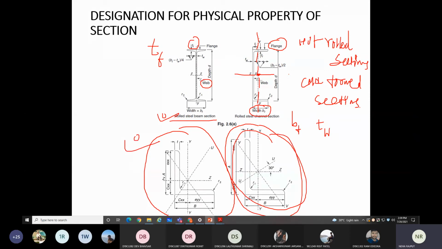The CG values of all these sections you have studied in strength of materials. That we will also use in the design part, such as the moment of inertia Ixx and Iyy of any steel section. This you also need to find out. And you have studied radius of gyration, right? That all we will see in the design also.